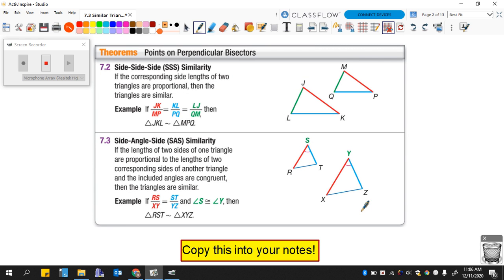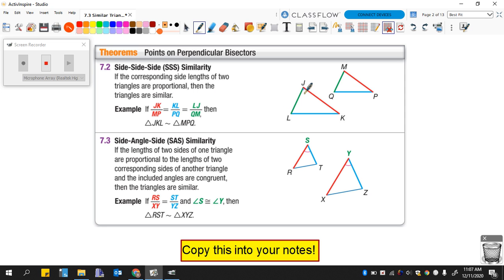Another theorem that's sort of the same as congruence is the side theorem. But remember, the congruence theorem said that all three sides have to be the same length. Well, in similarity the objects are different sizes, so they don't have to be the same size, but they have to have the same ratio.